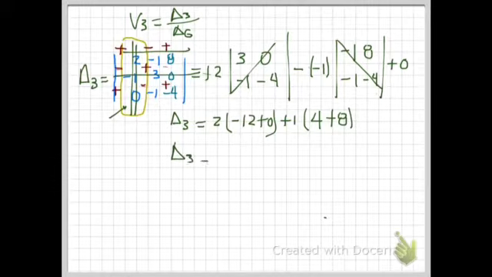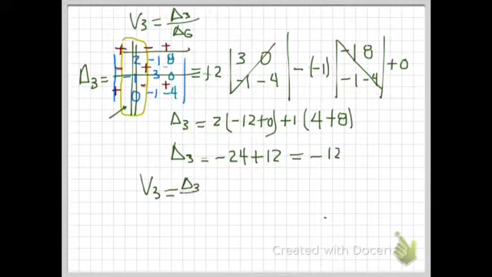Then delta 3 is going to be equal to minus 24 plus 12, and that's going to be equal to negative 12. And now voltage is determinant 3 divided by general determinant, and that is going to be equal to minus 12 divided by 8, and that is a value of minus 1.5 volts for v sub 3.